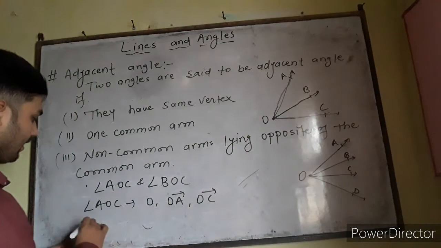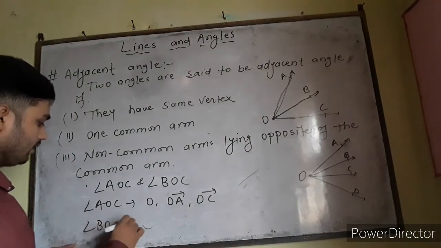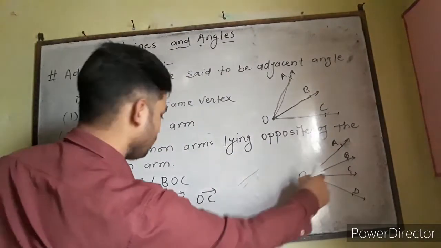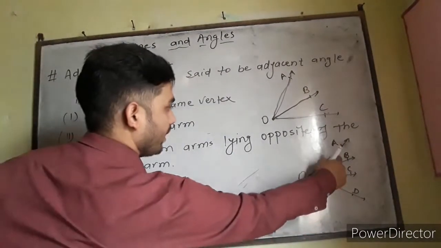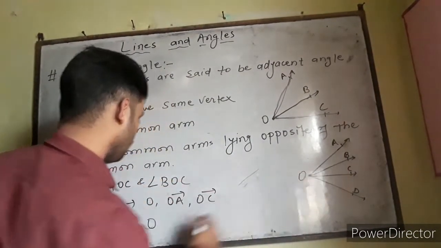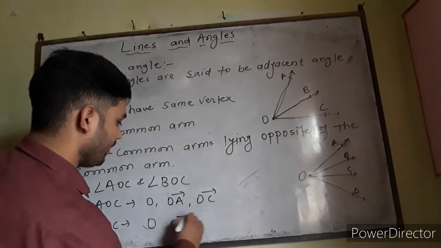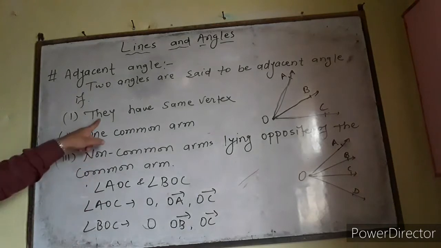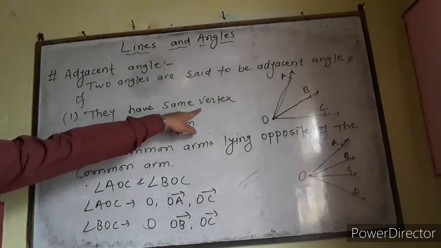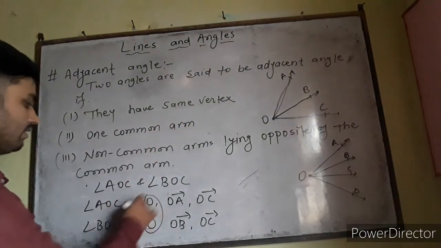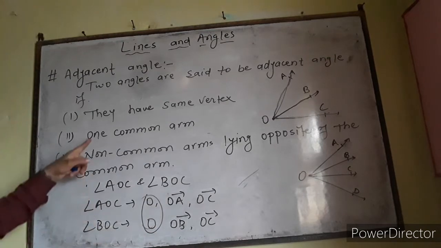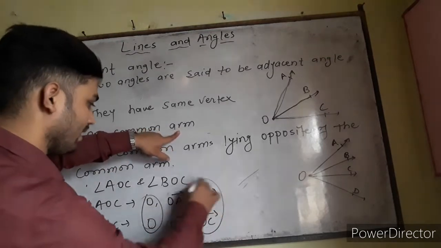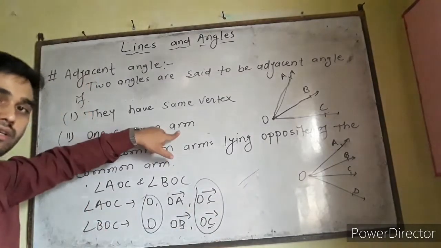For angle BOC, the vertex is O and the arms are OB and OC. So check the conditions. First, they have the same vertex. Yes, the same vertex. One common arm. See the common arm. Yes, one common arm, that is OC.